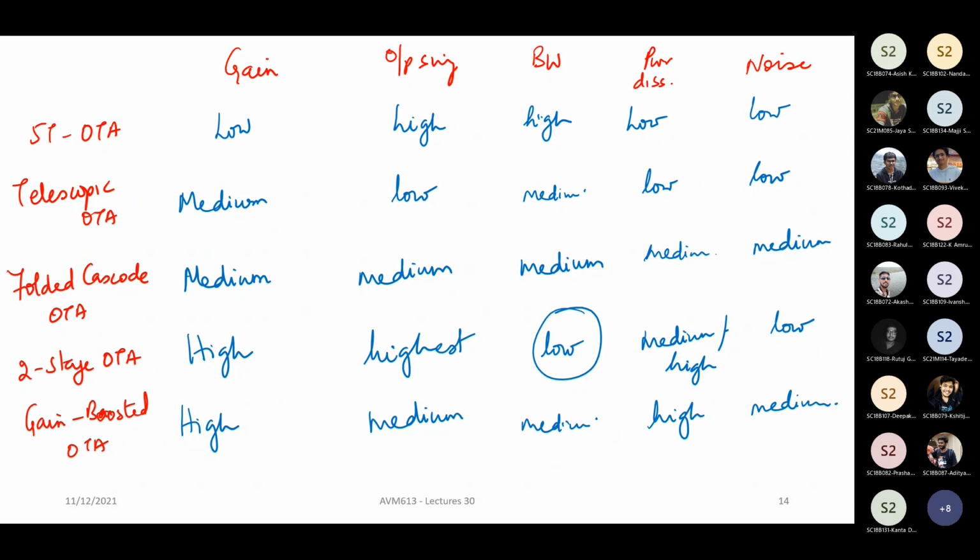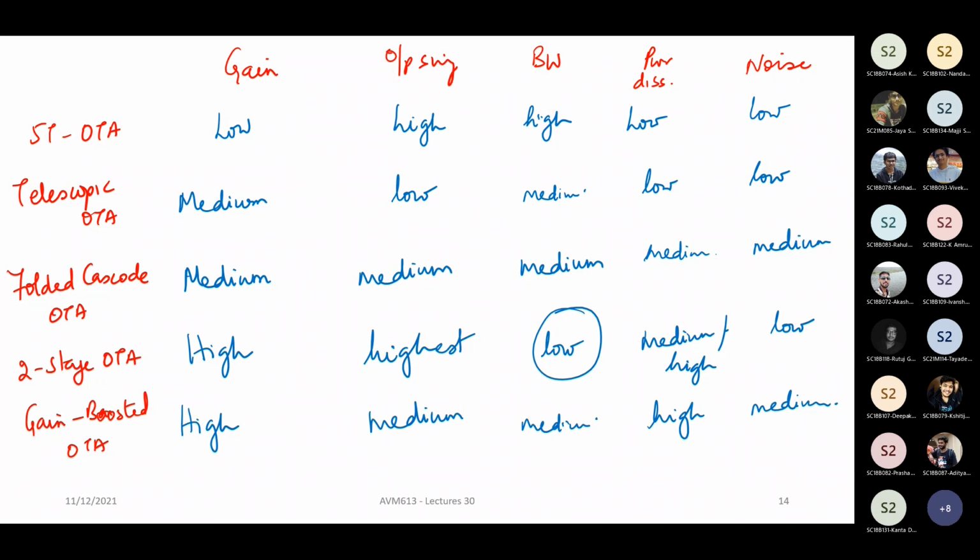So this is a more qualitative comparison of different op-amp topologies. In different applications, you will need different criteria. Sometimes you may need very high gain, sometimes very high output swing, sometimes a very high bandwidth.